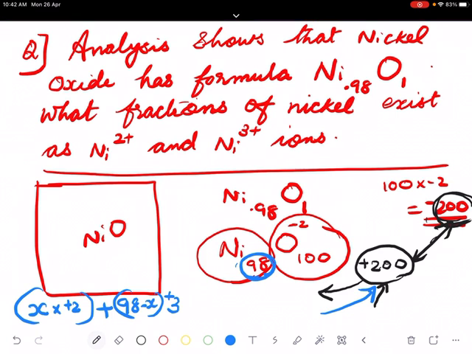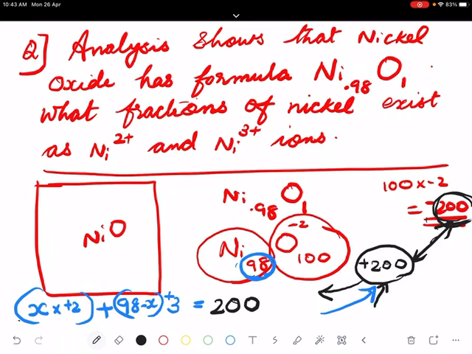Into plus 3. So 2x plus 3 into 98 minus x is equal to 200. This 200 positive charges are made out of Ni2 plus and Ni3 plus.